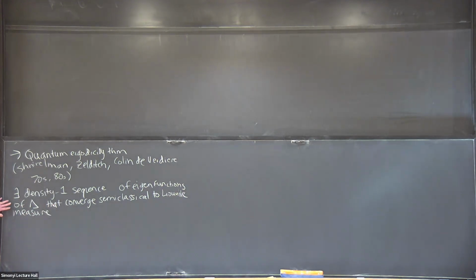So intuitively, what this result says is that you can expect a sequence of eigenfunctions of the Laplacian to equidistribute in the semi-classical limit.